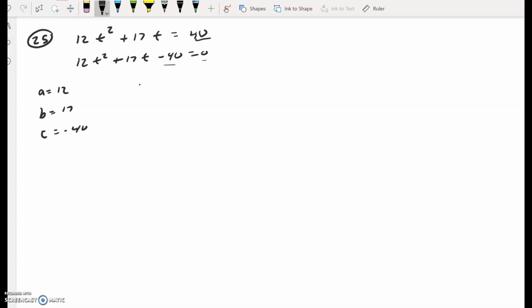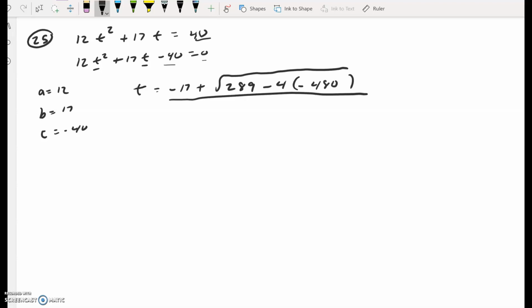We're solving for the letter t equals the opposite of whatever b is, plus or minus the square root of b squared, which is 289, minus 4 times whatever a times c is, and that looks like it's going to be negative 480, all over 2 times a, which is 24.